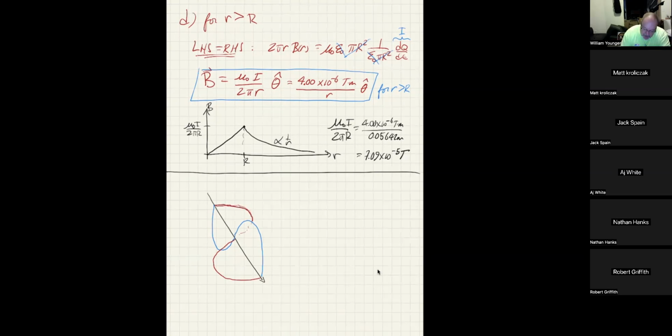And this means the electric field strength right here is this, and here it's this, and here it's this, and here it's this. And the magnetic field strength here is this, and this, and this.